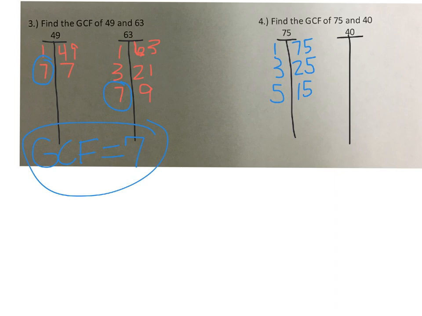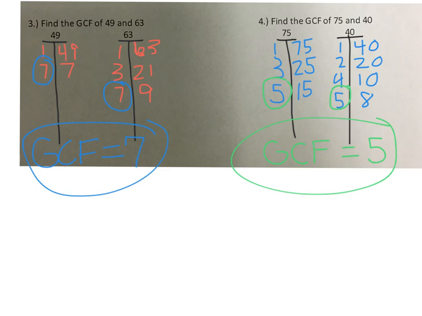And then for the number 40, we have 1 and 40, 2 and 20, 4 times 10 equals 40, and 5 times 8. So when we look at our factors listed of both numbers, our greatest common factor would be the number 5. So GCF for 75 and 40 is 5.